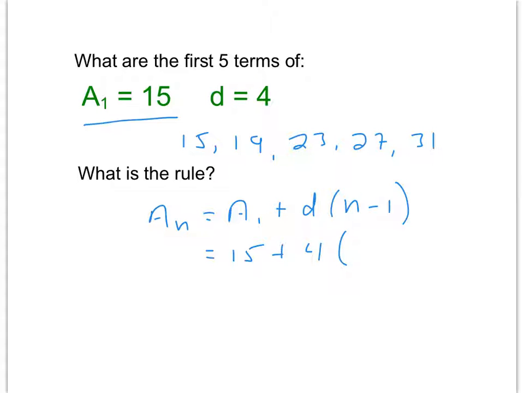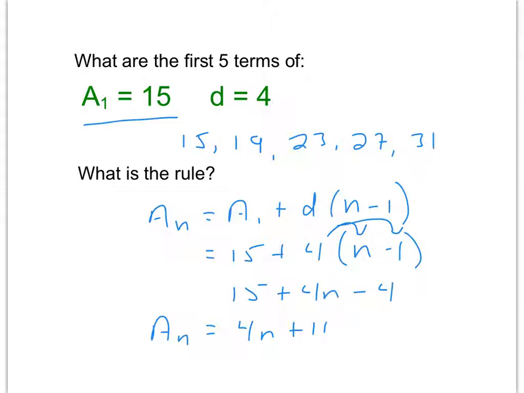So I have 4 times n minus 1, which if I distribute my 4, I get 15 plus 4n minus 4, and you can see now that a sub n is a linear function, 4n plus 15 minus 4, 11. So our rule is a sub n equals 4n plus 11.